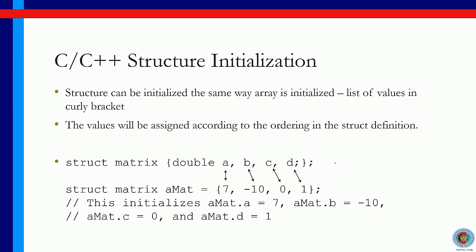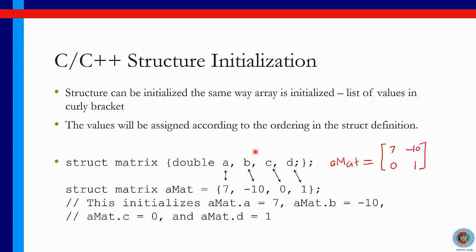In this case, the matrix mat in this C code is actually equivalent to the mathematical representation like this. It's A, which is 7, B is -10, C is 0, D is 1.